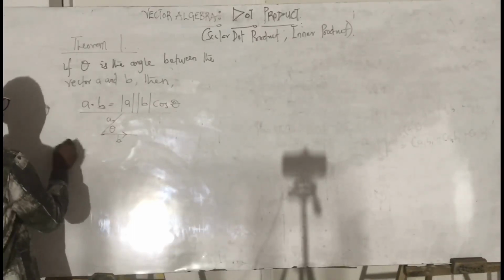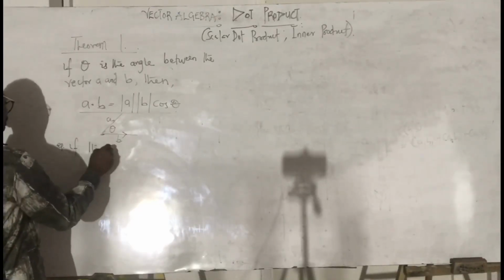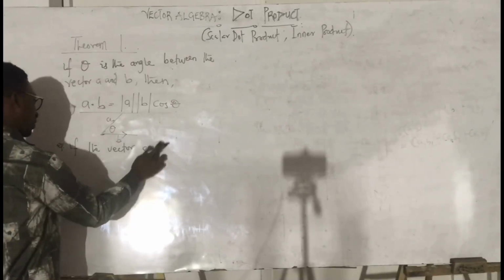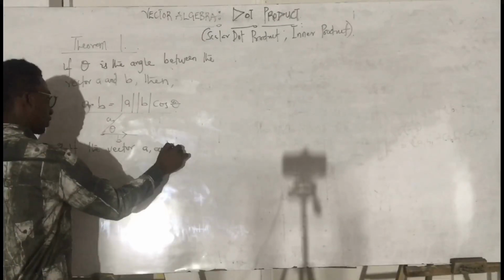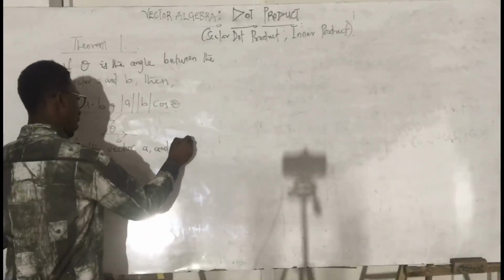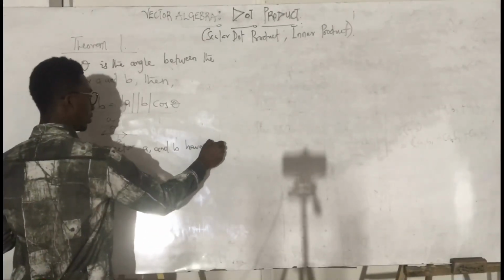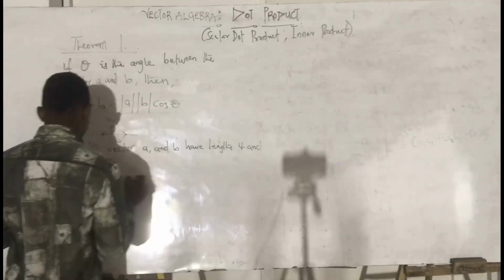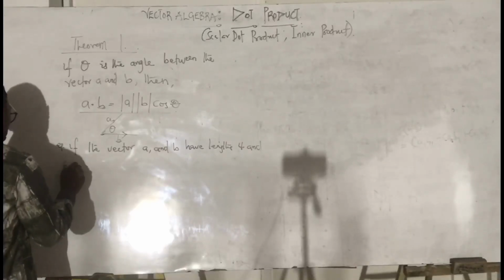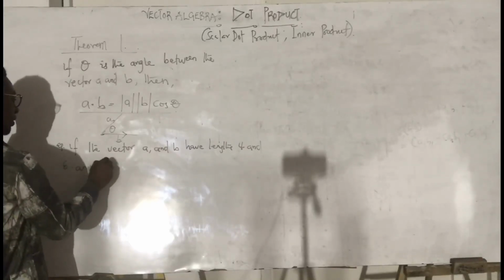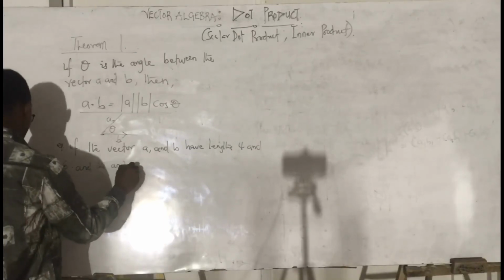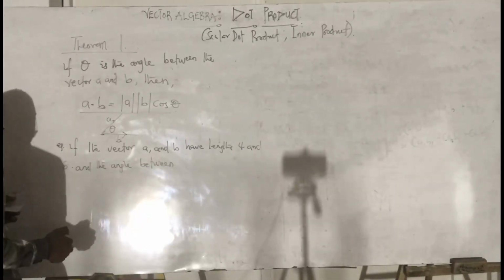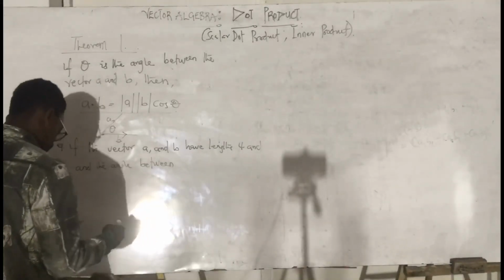In this example, the vectors A and B have lengths 4 and 6, and the angle between them is pi on 3.